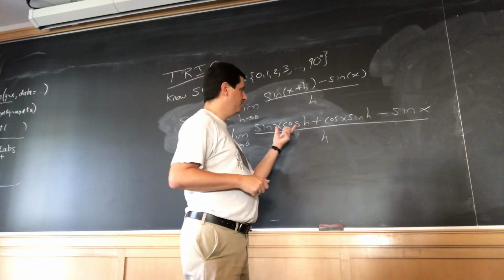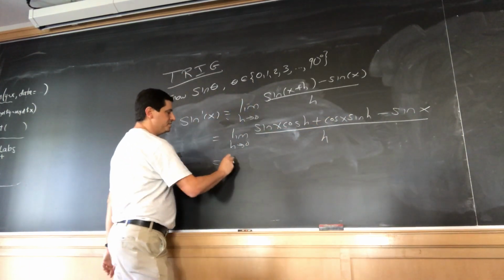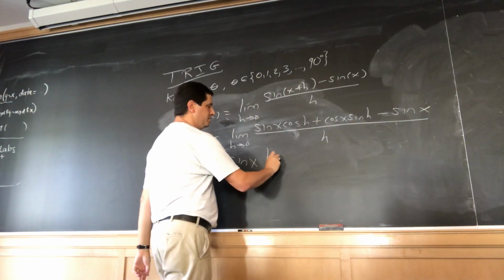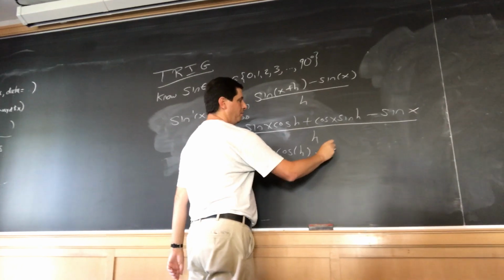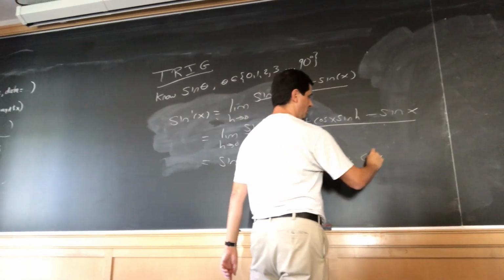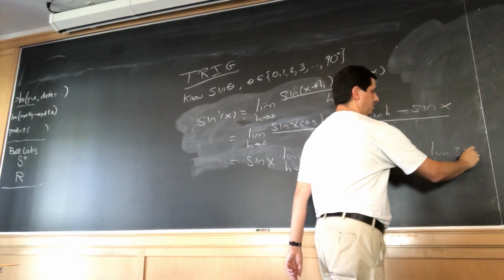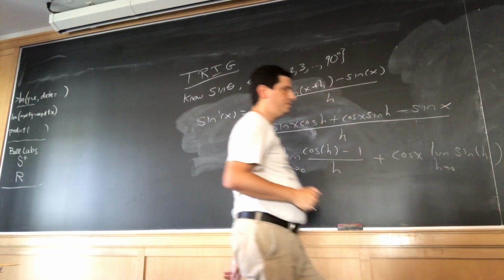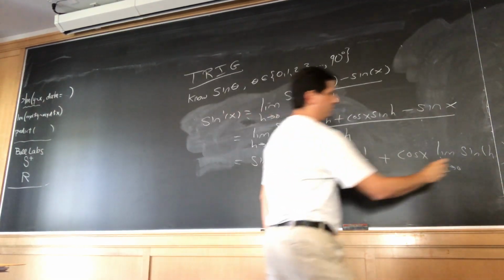Sine x cosine h and minus sine of x. Yeah, they both have a sine of x. I can split this as I can pass it out the limit. Sine of x, the limit as h goes to 0 of cosine of h minus 1 over h, plus cosine x, limit as h goes to 0 of sine of h over h.